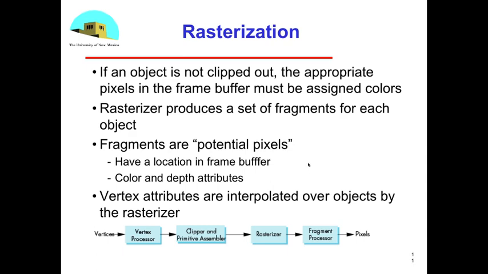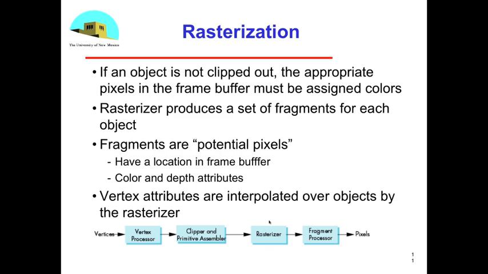Rasterization, as we've said, produces these potential pixels, and so what comes out of the rasterizer is this flow of pixels to be processed. A lot of parallelism in the GPU, so there are many fragment processors that can be going on at the same time.